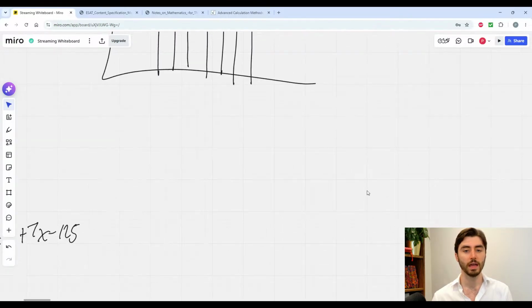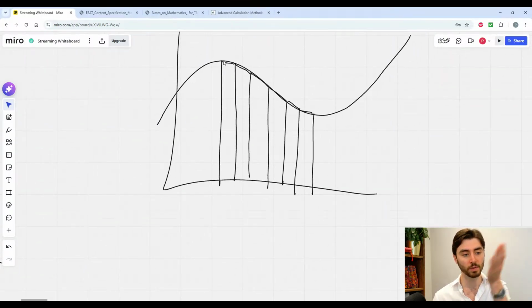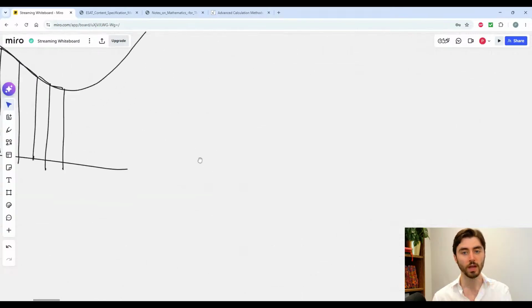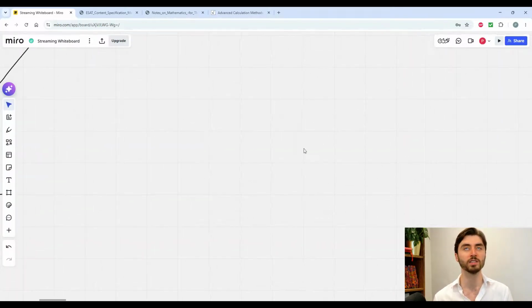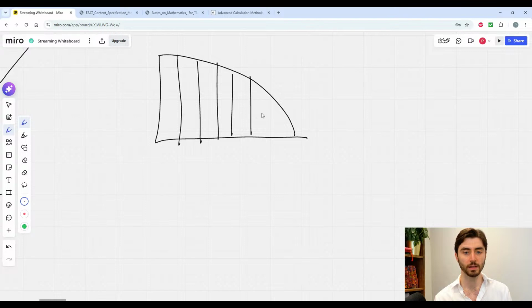Now, it matters because it's not the same, as you can see. It doesn't line up completely with the curve. So it will give you either an overestimate or an underestimate, or can't be determined based on the shape. So if we have a curve which is doing this, we can see that the lines all lie underneath the curve.